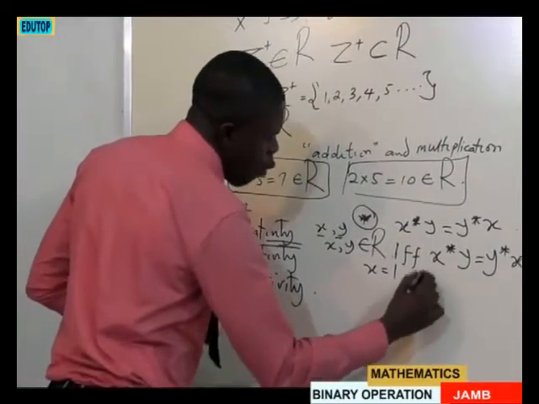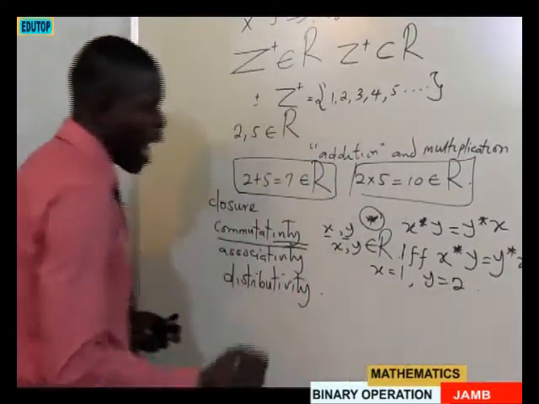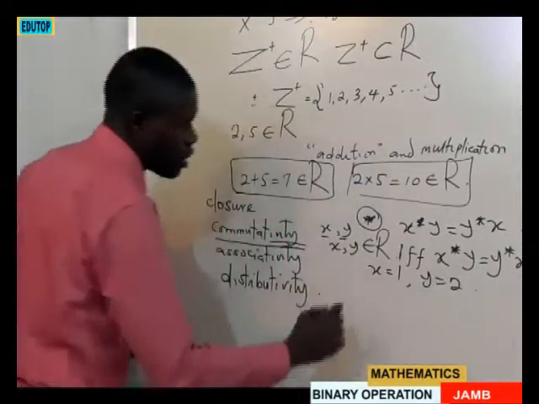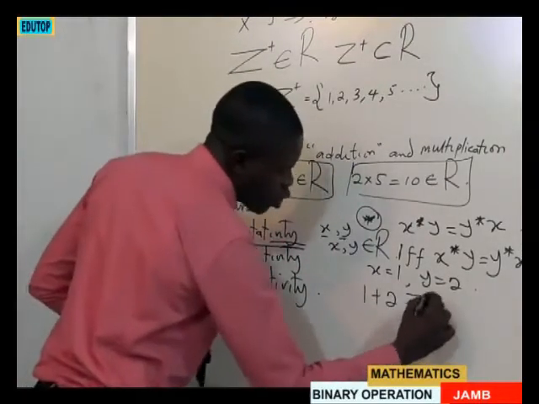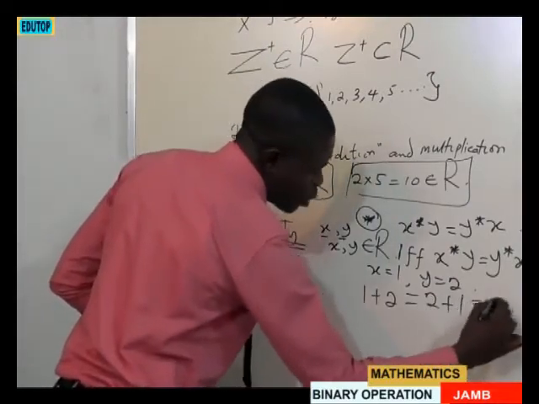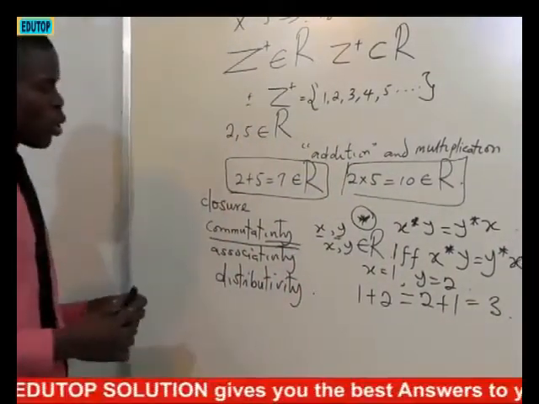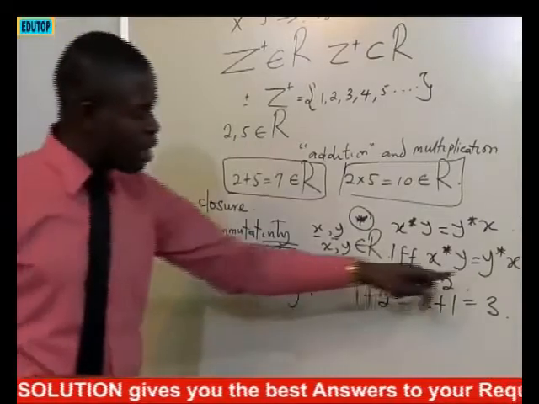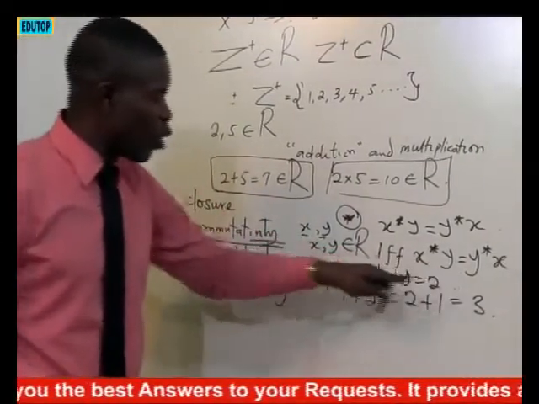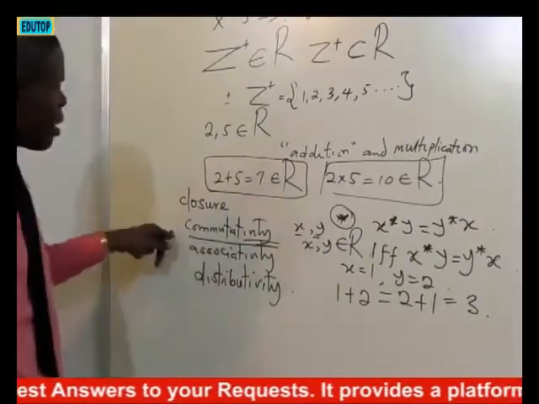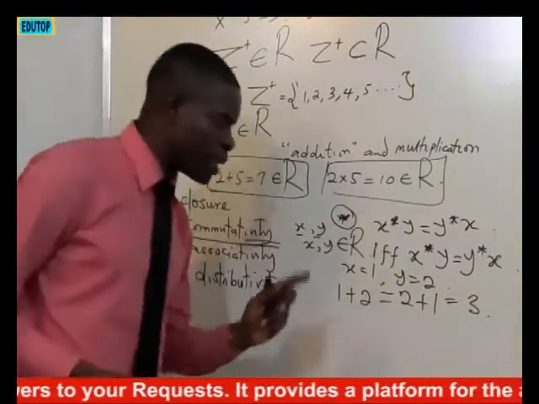x is 1 and y is 2. Why it will definitely be commutative is we know that 1 plus 2 must definitely be equal to 2 plus 1, and that is 3. You can see now. So that is why, when we have this kind of scenario, we say that operation has exhibited the commutative property.